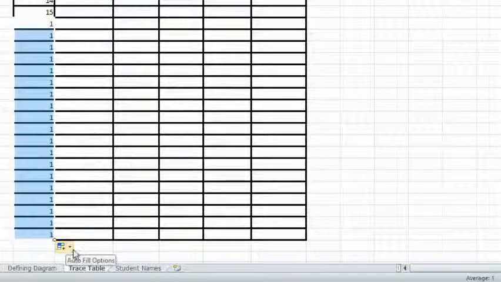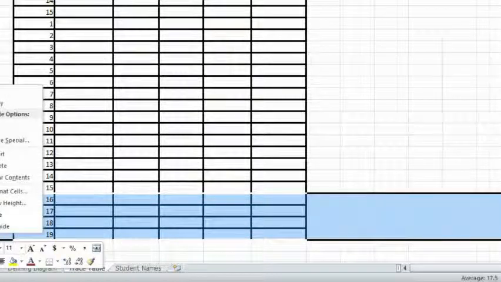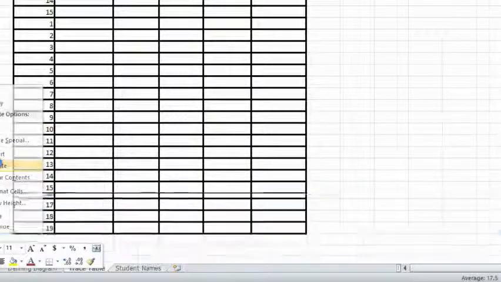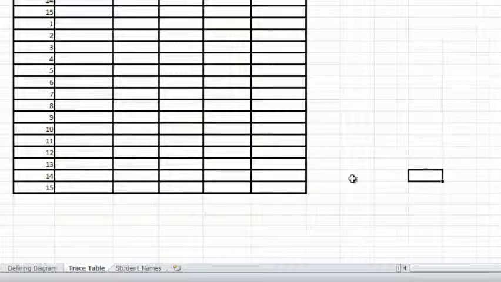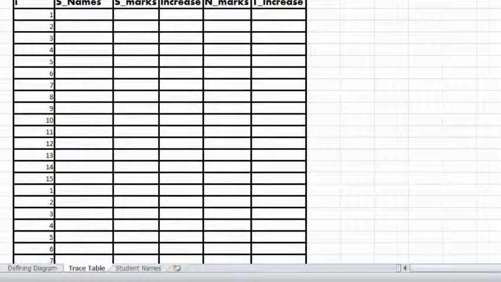Okay, that's a little more than 15, so let us remove the others we don't need. Okay, so that's the first thing I did. I got my two loops going from 1 to 15 each.